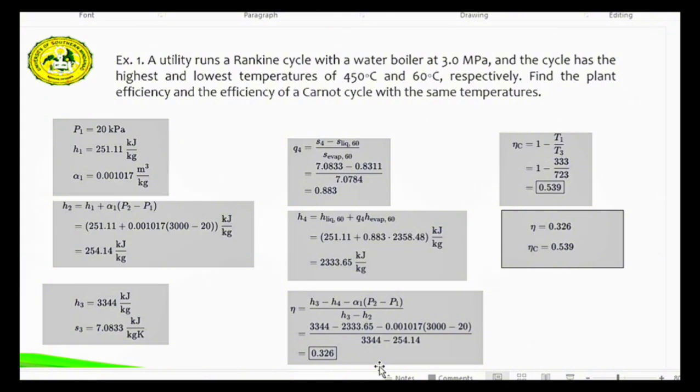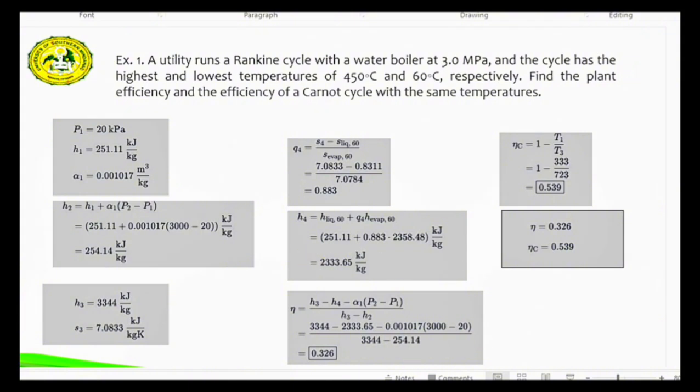Now to find the quality at state 4, we also need to use the property table. The quality at state 4 is determined from the condition that the entropy of state 4 is equal to the entropy at state 3, and the entropies of the constituents at the given minimum temperature are taken from our property table, which I also highlighted here.